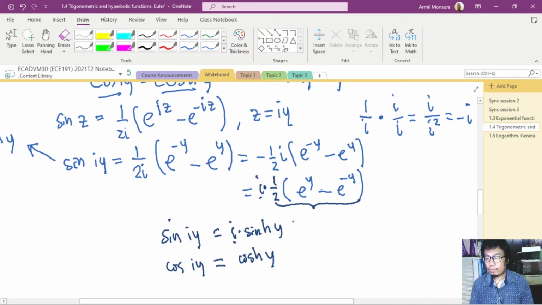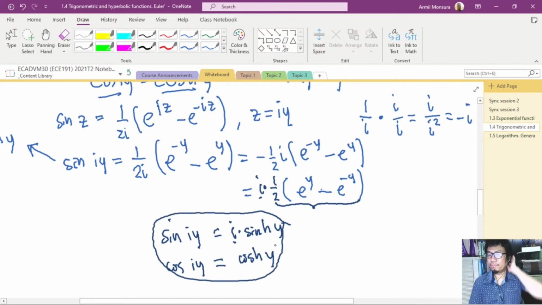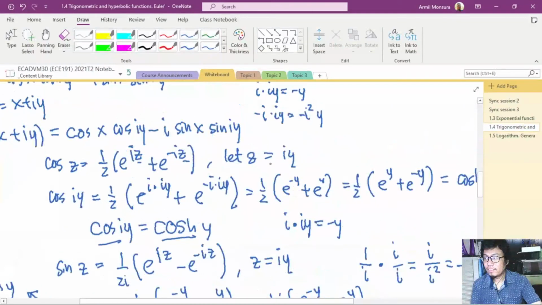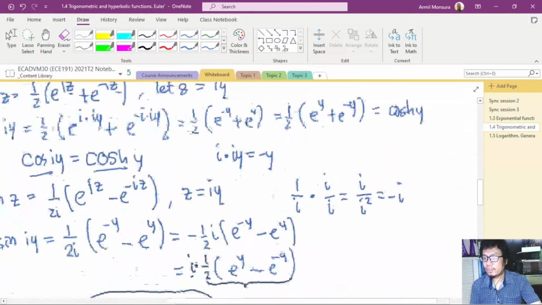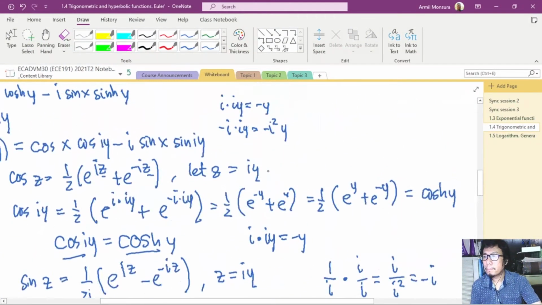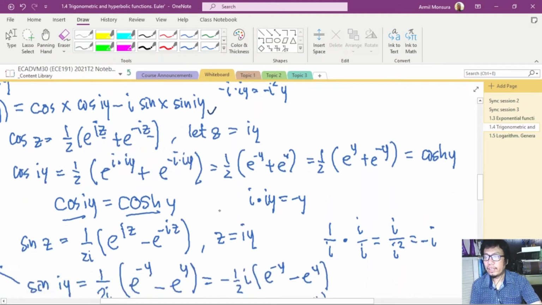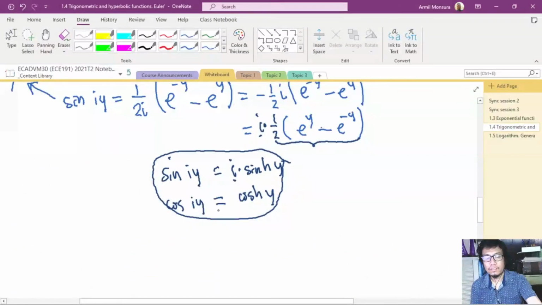So now we are able to establish the relationship between the trigonometric functions sine and cosine to the hyperbolic functions, hyperbolic sine and hyperbolic cosine respectively. Okay, now going back here. Let's go back at this point. This one. So I'll write it down here.